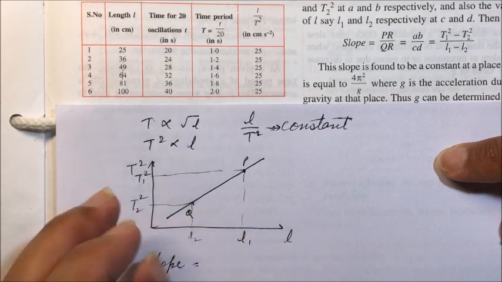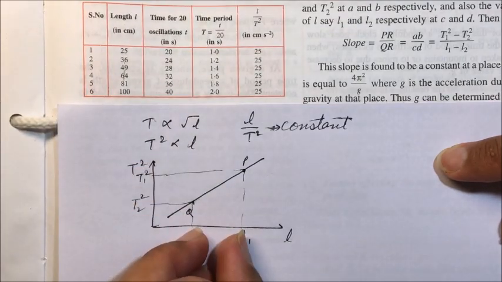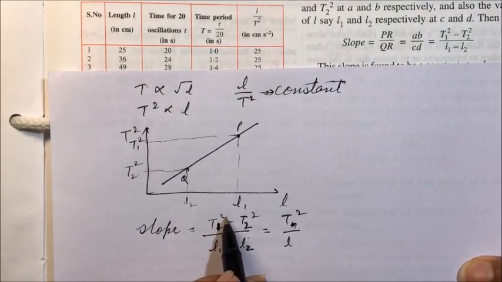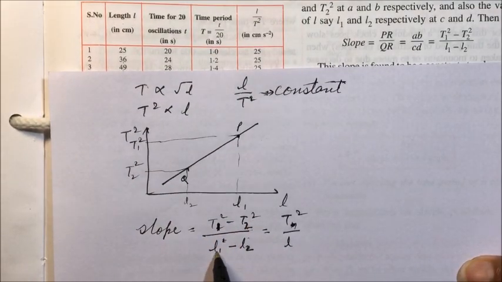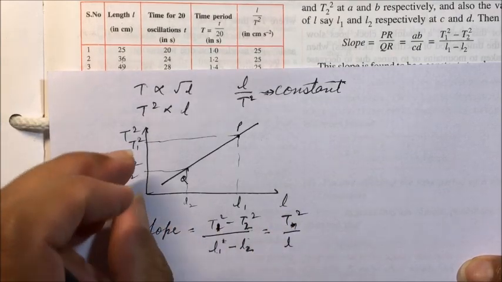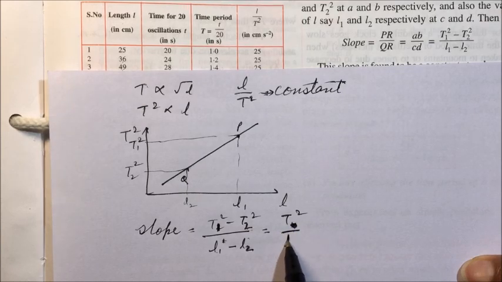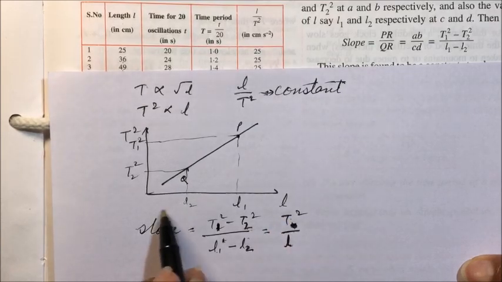So slope equals this divided by this, T1 square minus T2 square divided by L1 minus L2, and this we are taking as T square divided by L. So T square by L is a constant.